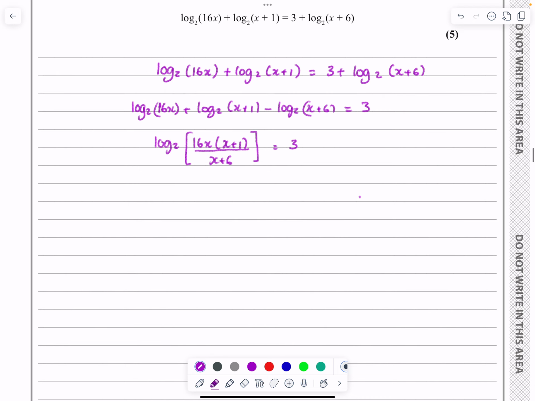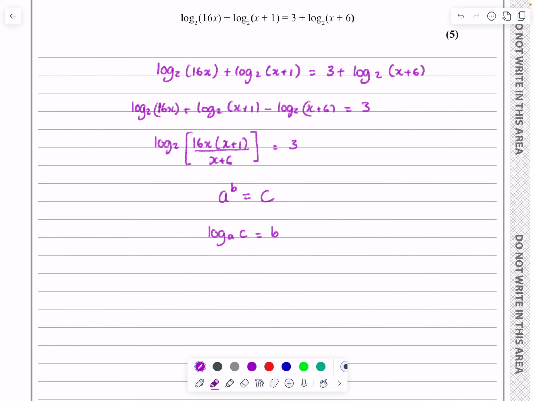Once I've done that, I'm then going to use the other rule that we quite often use in logs, which is if I have a to the power of b equals c, I need to be able to write that as a log statement. The base of this power is the same as the base of the logarithm. And I remember the fact that a logarithm is a power, so the answer to that bit must be my b.